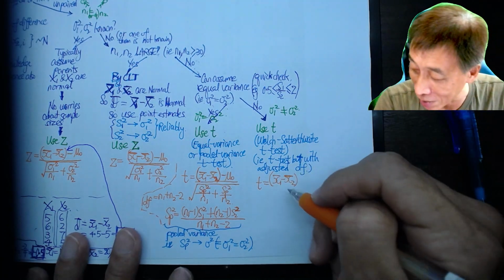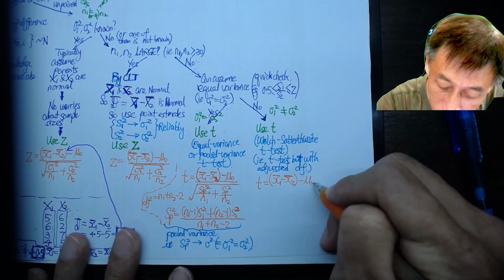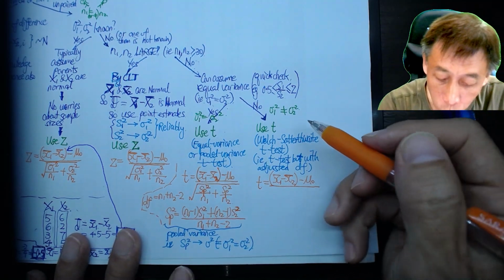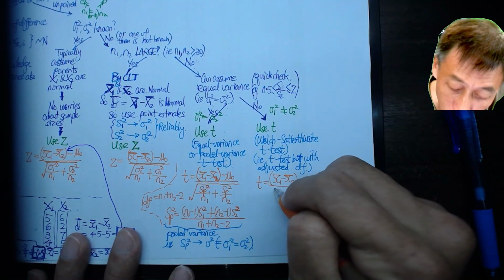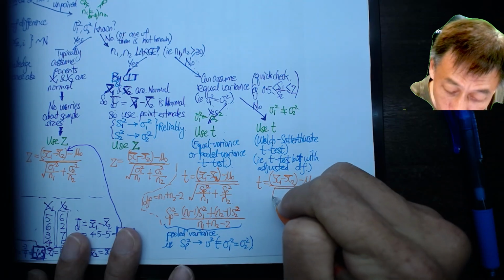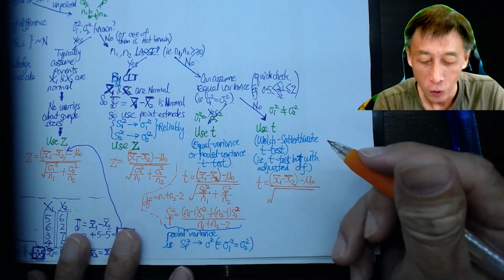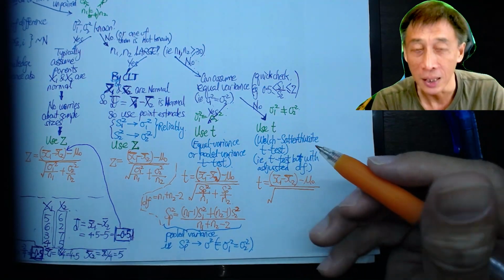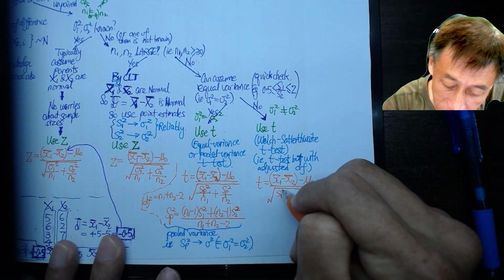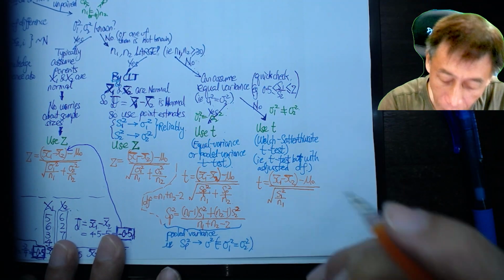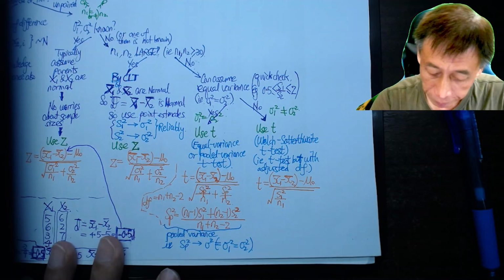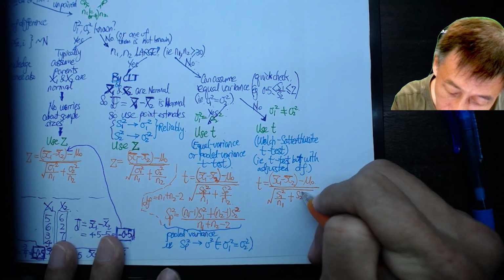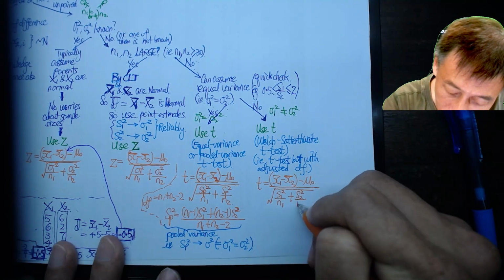Then you minus mu 0, over, and because we do know they are different, what we do is use the sample variances literally as the point estimates of the population variances of x1 and x2 respectively.